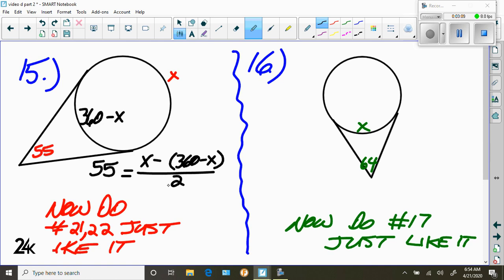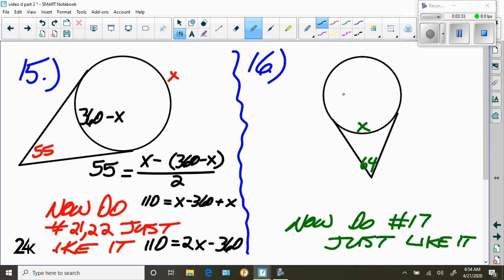That's okay. I can still double 55. I can get rid of that 2. So I'd be 110 equals x minus 360 plus x. And then it would be 110 equals 2x minus 360. And then you can solve it from there, okay?